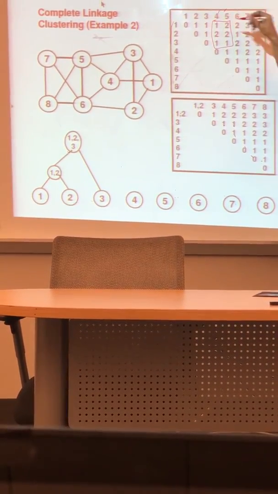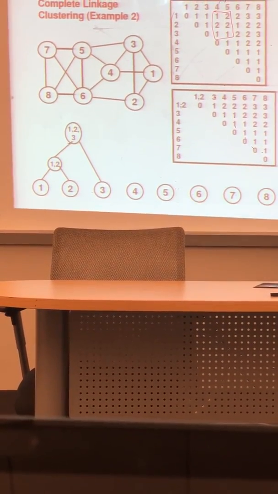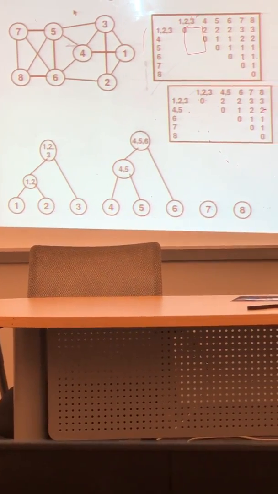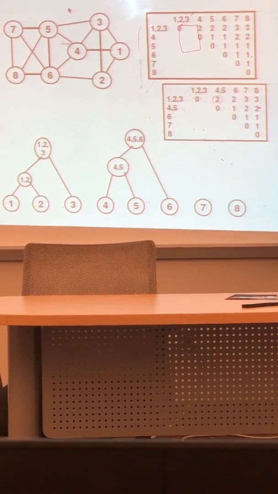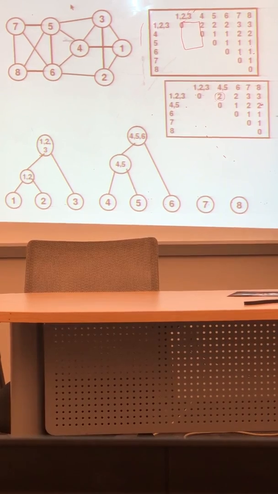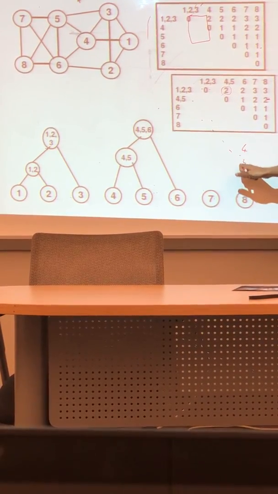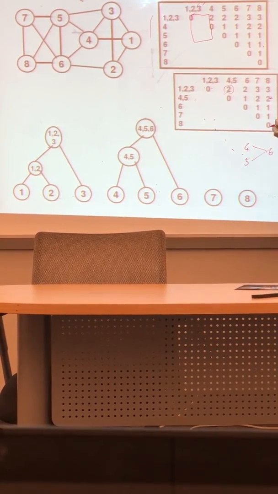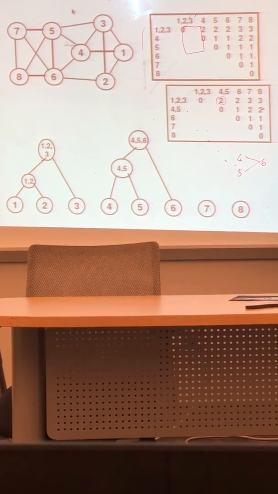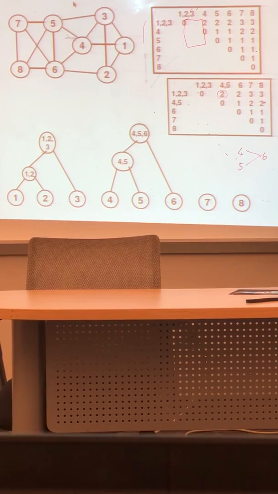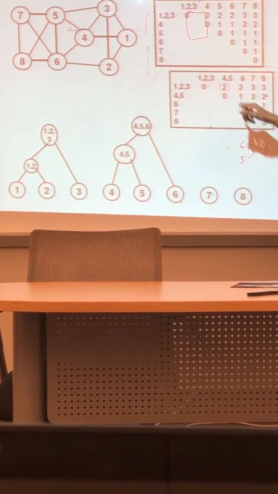So the maximum of this block is 2. So that is the distance value that should go here. Similarly, 4, 5 with 6, you have to find the maximum distance between 4, 6 and 5, 6. So whatever is the maximum distance between the two, that goes here. So now we have this distance matrix.